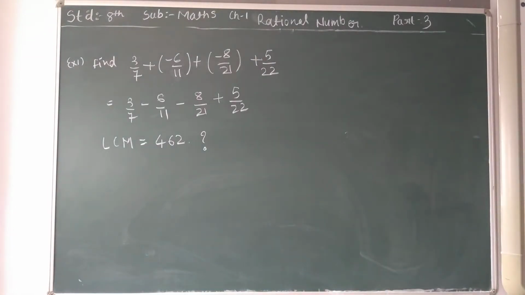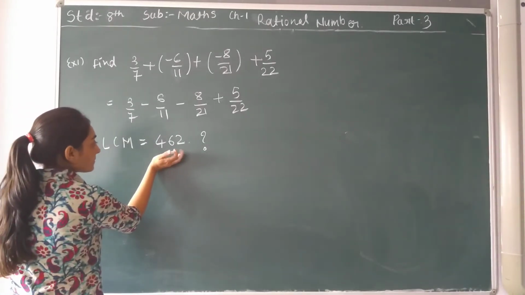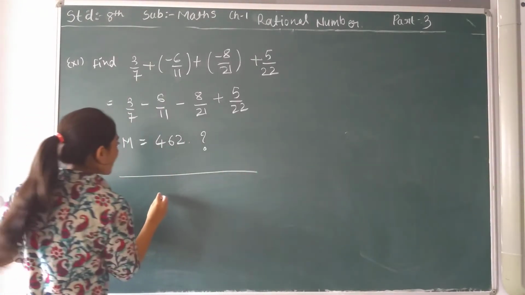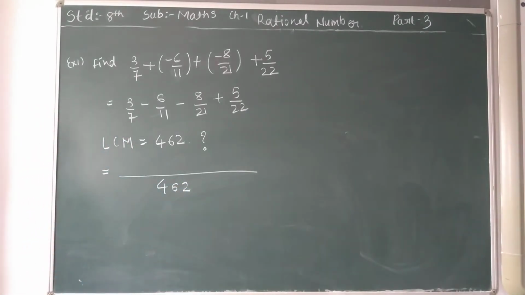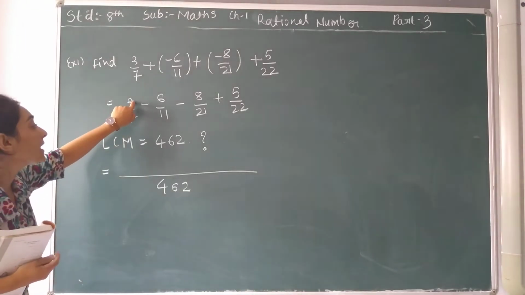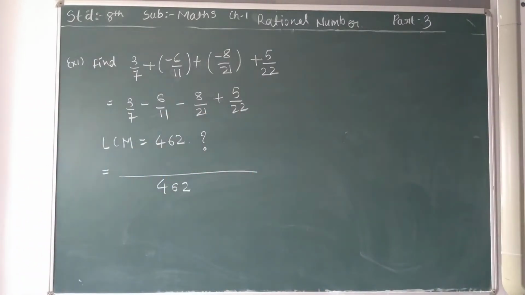Okay, so if I'm taking the LCM 462, it means all the denominators will be 462. What should I multiply with this 3 to get 462?